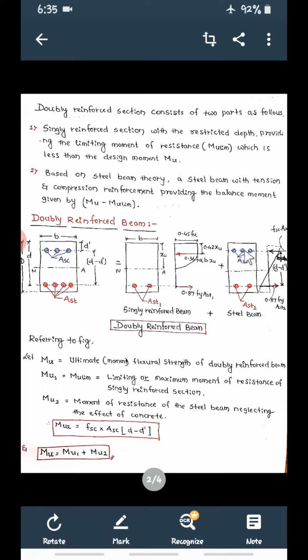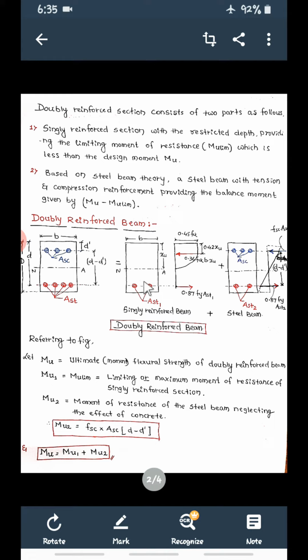This is compression steel. With the restricted moment, Mu limit, this beam will resist Mu limit. And the remaining Mu minus Mu limit will be resisted by this beam. So this is singly reinforced beam plus steel beam. Totally we will get this.